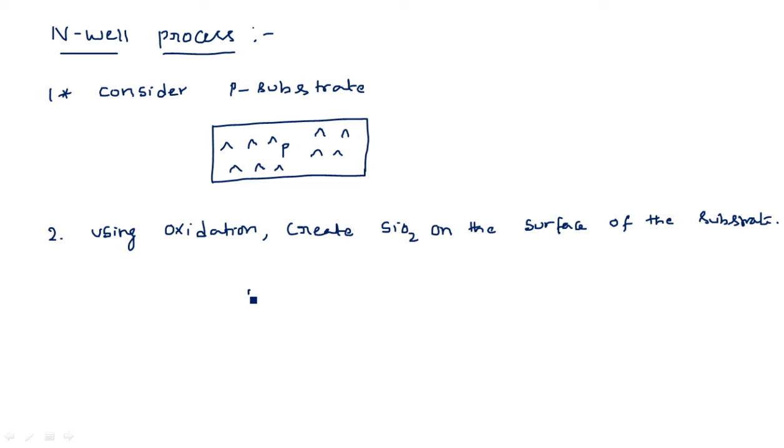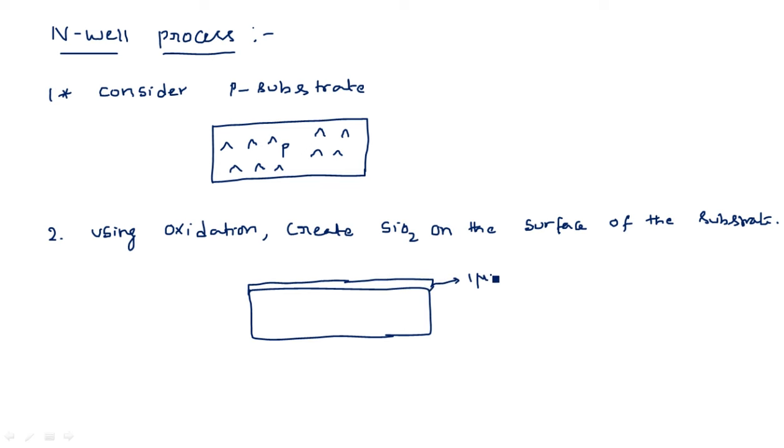Take the same substrate and now react the surface with the oxide layer, that is, we are passing oxygen O2 at high temperature on the surface of the substrate. Then as oxygen reacts with the silicon substrate, silicon dioxide is created.